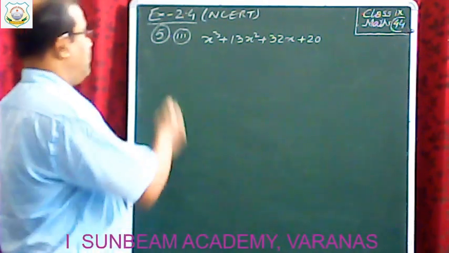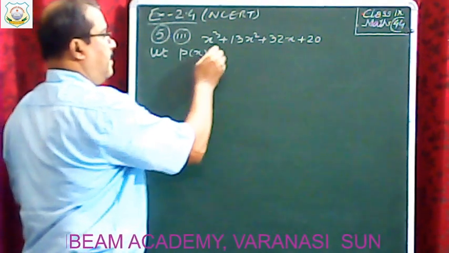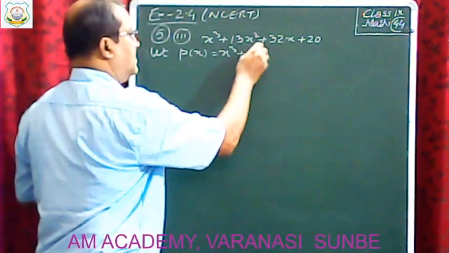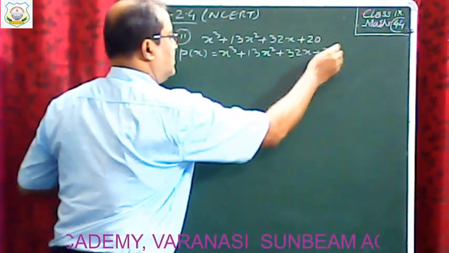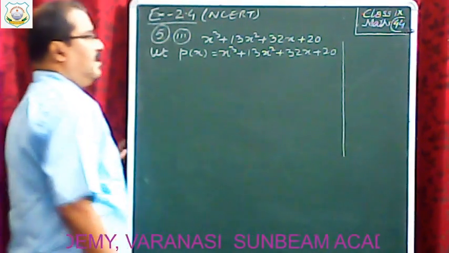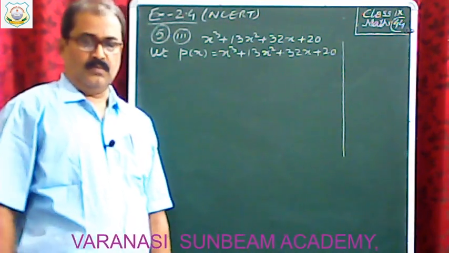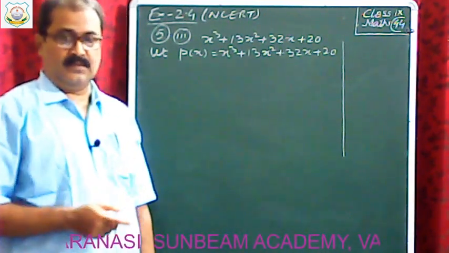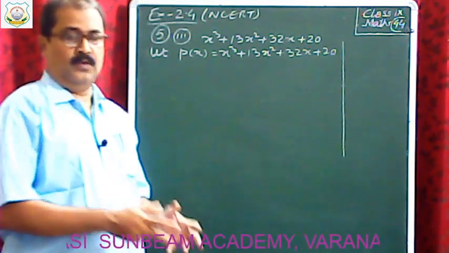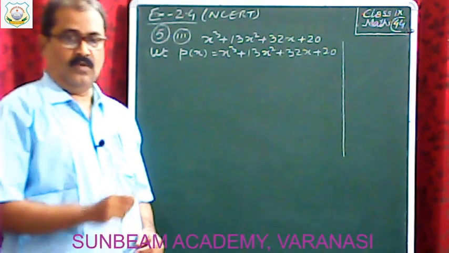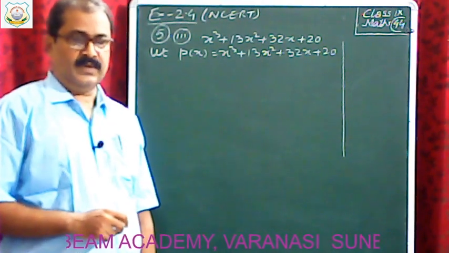First of all you have to suppose the given polynomial, let P(x) equal to x cube plus 13x square plus 32x plus 20. Thereafter you have to find the zero of the polynomial.